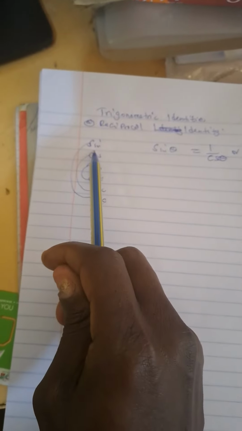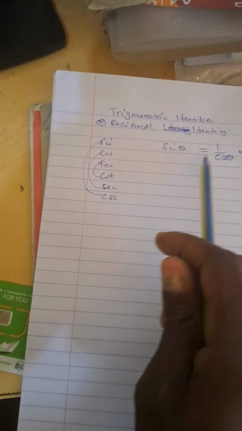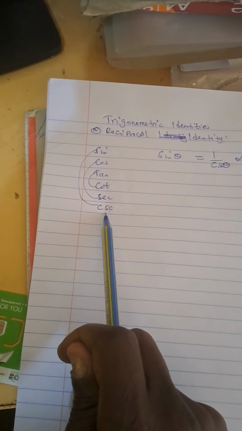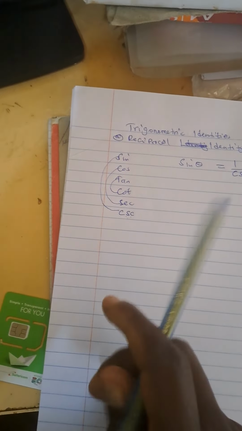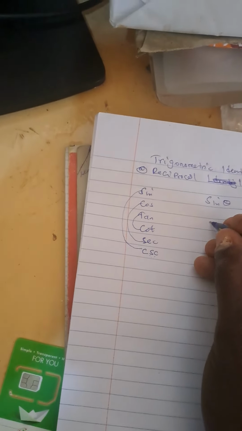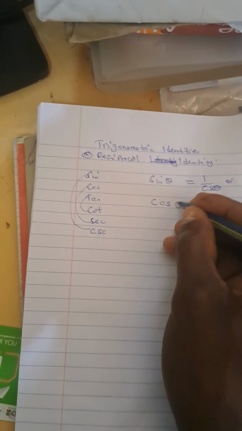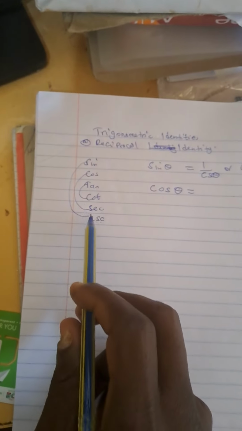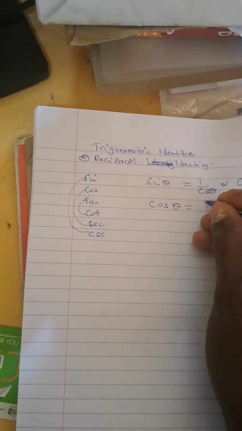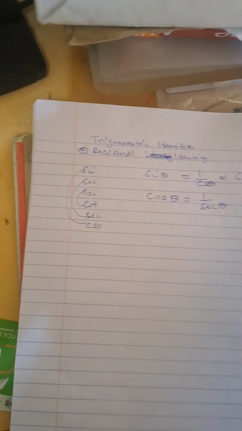To mean, if you want to get the sine, then the sine is given by 1 over the cosec theta. Then if you want to get the cos, cos theta is given by, you can see the cos here with the sec, so it is 1 over sec theta.